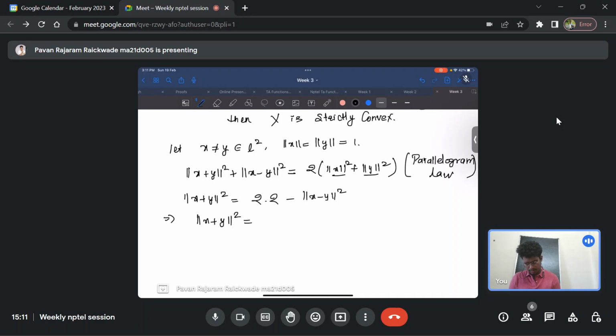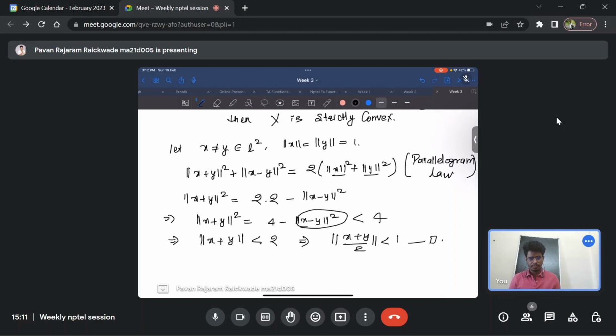So norm x plus y squared will be 4 minus norm x minus y whole squared. Since norm is a non-negative quantity and x minus y is non-zero, this quantity is strictly positive. So this will be strictly less than 4, which implies norm of x plus y is strictly less than 2. Hence norm of x plus y upon 2 is strictly less than 1.